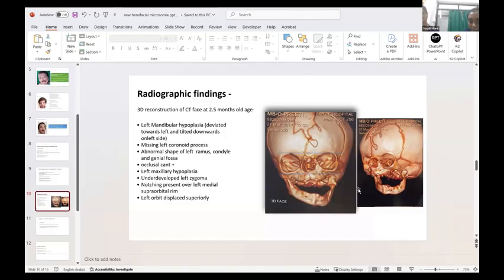When we have to do a costochondral graft, that has to be done before the child becomes mature. We want this end to grow, so this should be done somewhere around 4 to 5 years of age. Let us do something to the graft, give it a growing condyle.